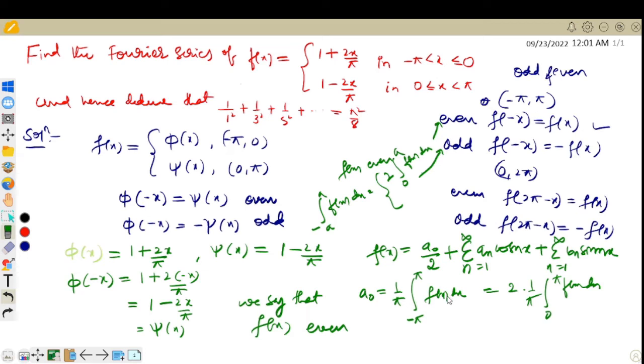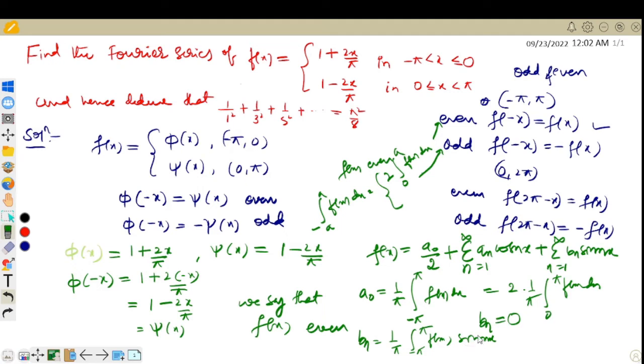Once you know the given function is even, it is not necessary to find bn, because it becomes 0. How does bn become 0? Students, we know bn equals 1 by pi, integral from minus pi to pi of f of x into sine n x.